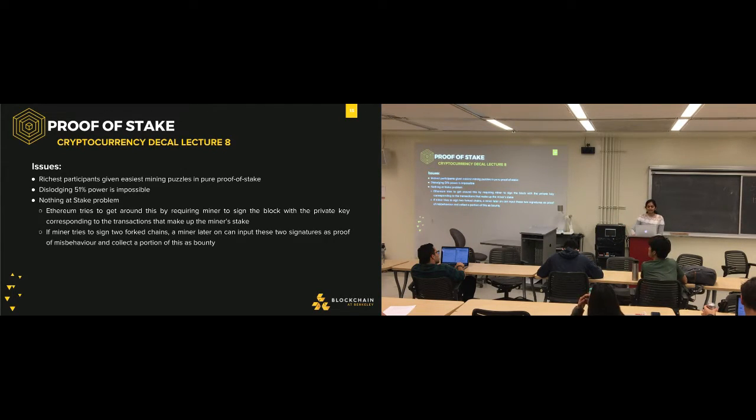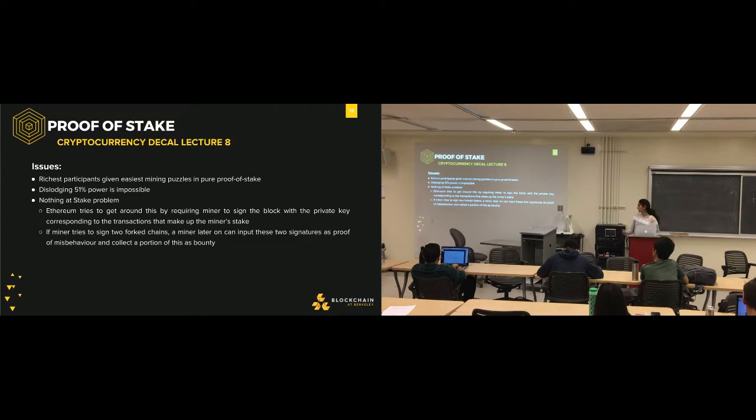Another problem is that dislodging a 51% holder is impossible, which means if a miner has 51% stake, he's likely to be picked as a validator 51% of the time. And he can then just mine over his own blocks and get more transaction fees as rewards, thus increasing his own stake in the entire system. So his stake will eventually approach 100%, which is not good.